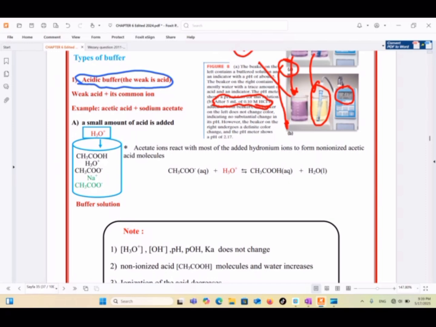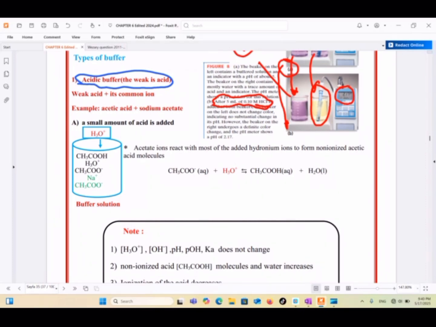By the way, why do we add a small amount of acid or base? Because if we add a high amount of the strong acid and strong base to the buffer solution, the solution will not be able to resist change in pH due to producing a high amount of hydronium and hydroxide by the strong acid and the strong base.